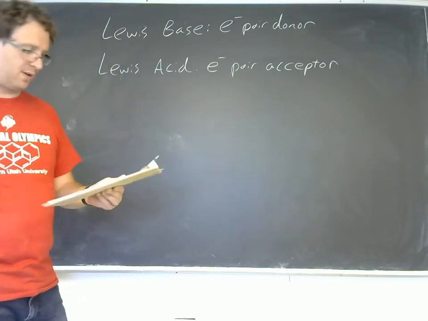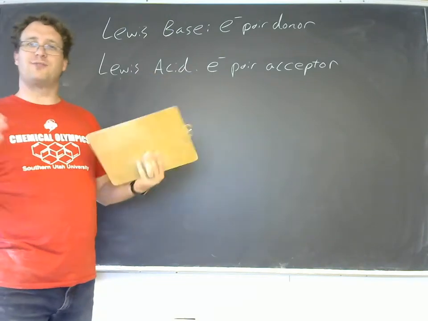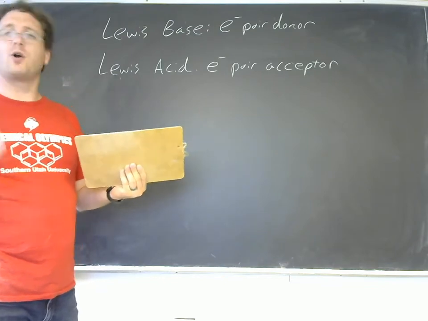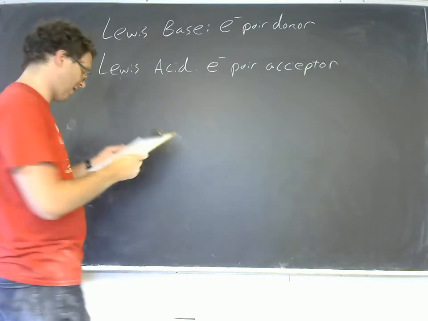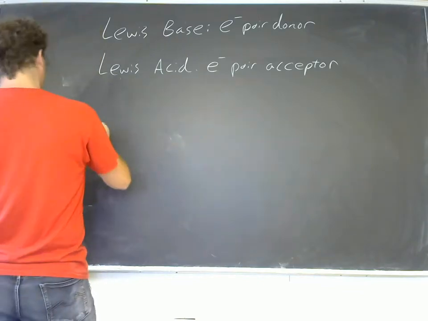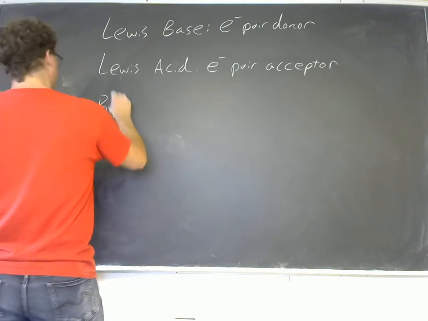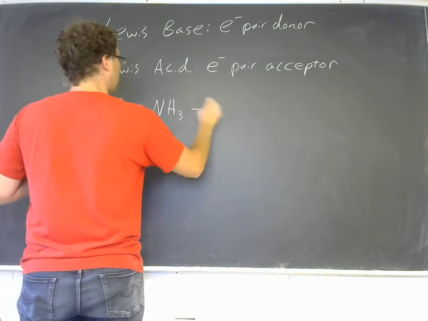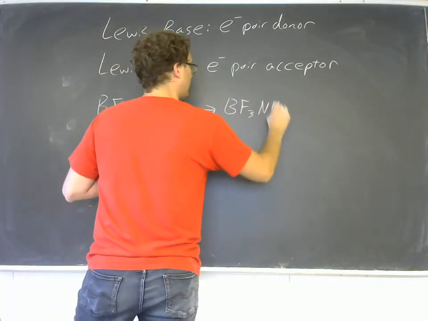But the Lewis acid-base definition here allows us to investigate different types of coordinate bonds that are formed that don't involve a hydrogen whatsoever. And so let's consider this reaction. If we have BF3 plus NH3, that's going to form BF3NH3.